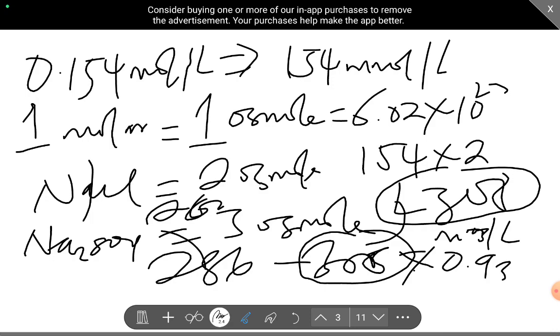So your calculation will now be that the molecular mass of sodium chloride is 58.5. So you are going to divide 4.5 by 58.5. I don't want to do the calculation, it's something you can also do. So in short, you will get an osmolarity that is lower than 280. So in that case, that is hypotonic.